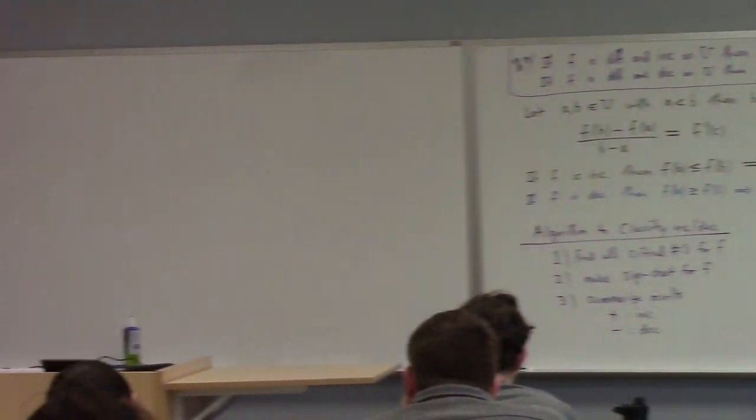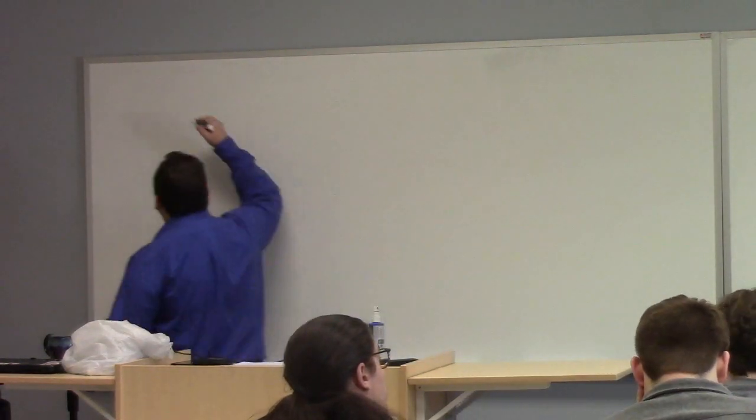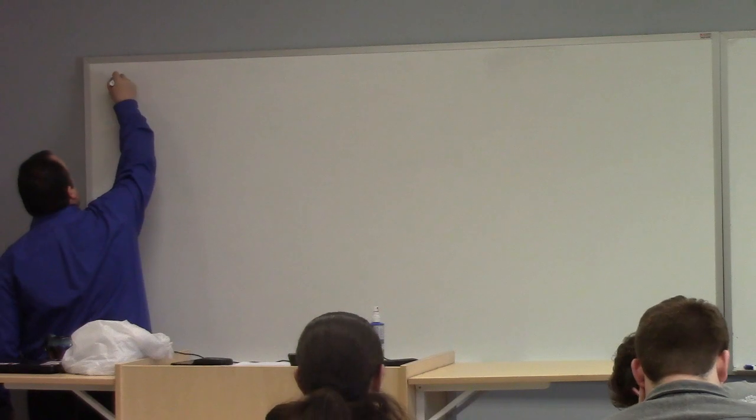Let's look at an example where we have critical numbers which are not critical points. Example 4.